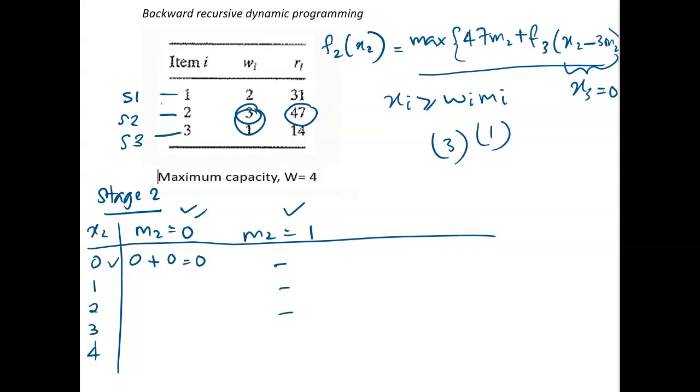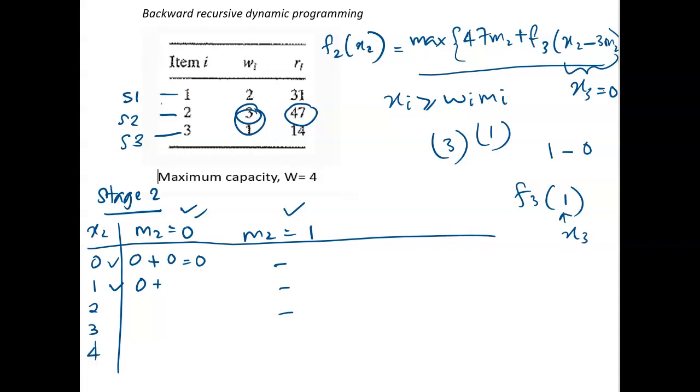Now, when x2 equals 1, just substitute into the equation. So 47 times 0 is 0, plus x2 equals 1, so 1 minus 3 times 0 is 0. Basically, we want to find f3 of 1, where 1 here is actually our x3.